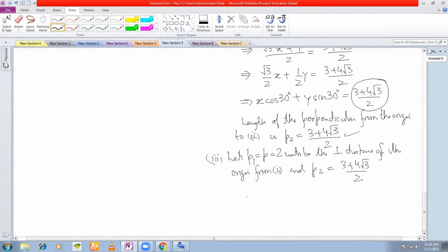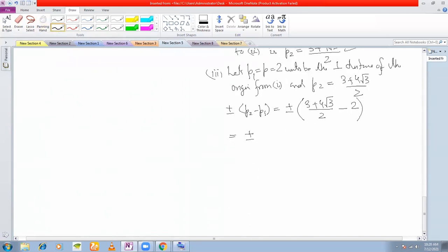So the distance is equal to plus or minus P2 minus P1, is equal to plus or minus, P2 here is 3 plus 4 root 3 divided by 2, minus P1 is 2, which is equal to plus or minus 3 plus 4 root 3 minus 4 divided by 2, which is equal to plus or minus 4 root 3 minus 1 by 2, right?